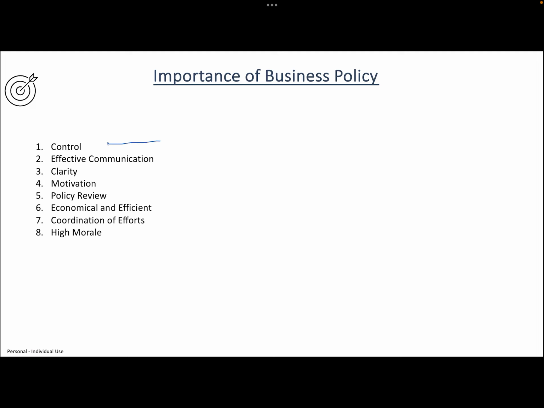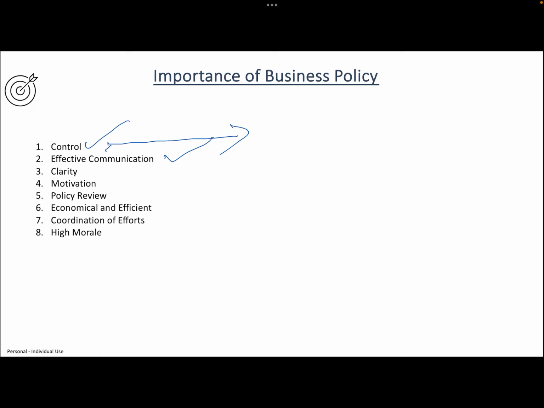Business policy will give needed control because there will be guidelines on who will do what, and that will be measured. So that's why it gives a proper mechanism for control. It helps in effective communication.